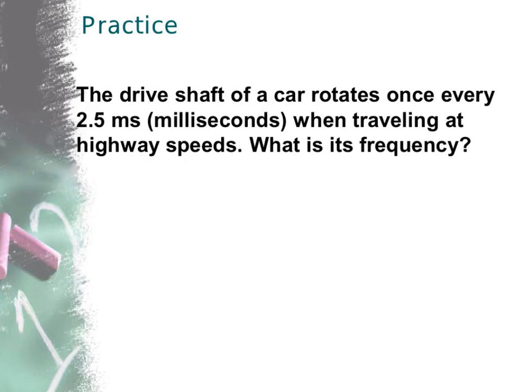So let's see here. We have a drive shaft that rotates once every 2.5 milliseconds. Actually, let me back up. I should say my period tau is equal to 2.5 milliseconds.